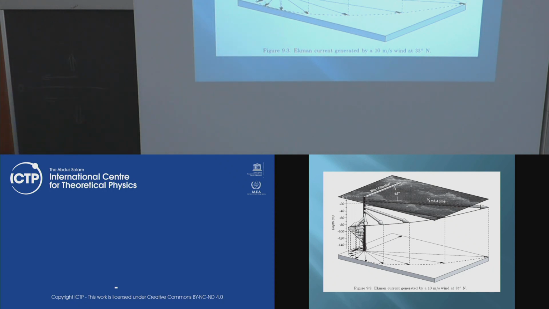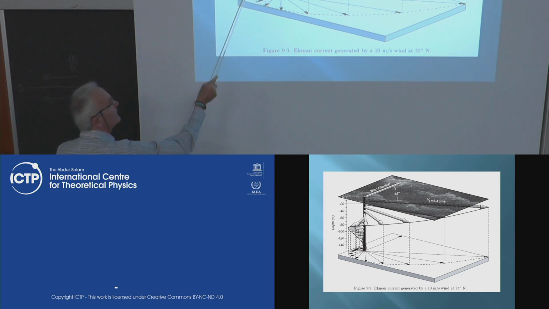So the current is not only rotating in a counterclockwise direction going down with depth, but it is also reducing its magnitude exponentially. So finally we would arrive at a position where the wind-induced flow is in the opposite direction with respect to the surface flow, which is kind of a strange thing, but this is what we obtained from the solution.